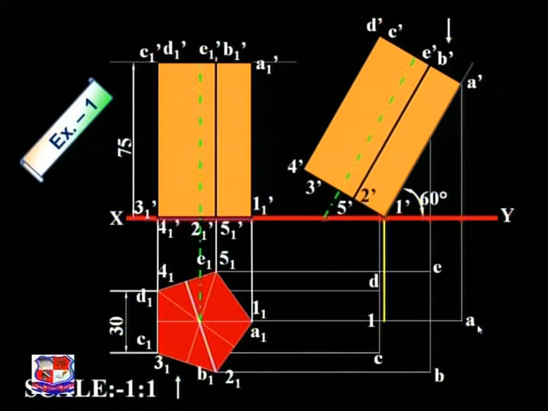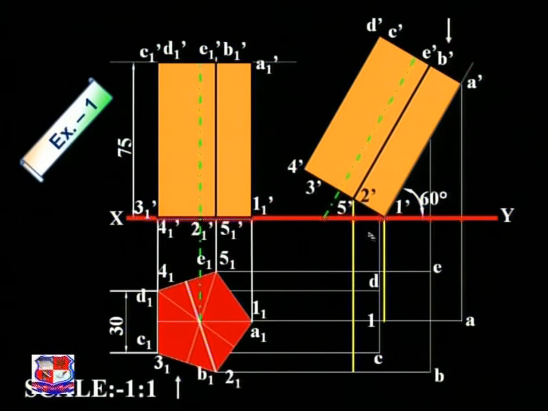So we have identified 5 points A, B, C, D and E, and as it's an upper face or top face, it is towards us, so all these points should be joined with a full line because the upper face is visible to us.